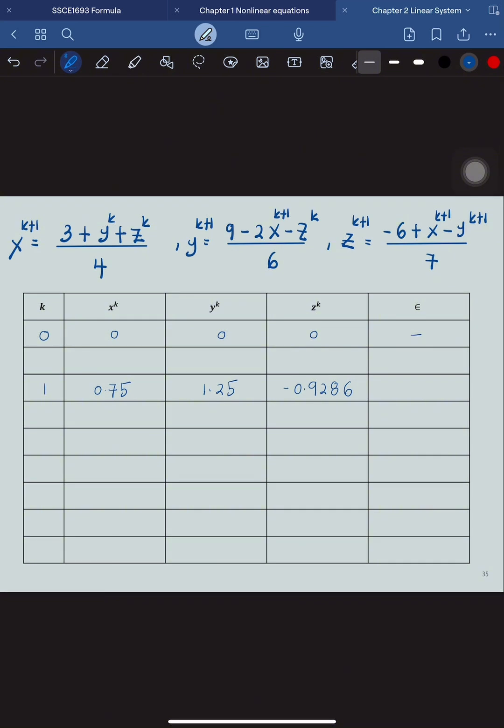The maximum is 1.25, so we cannot stop. Continue to the second iteration.